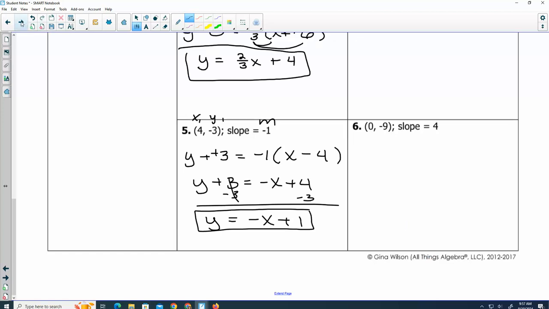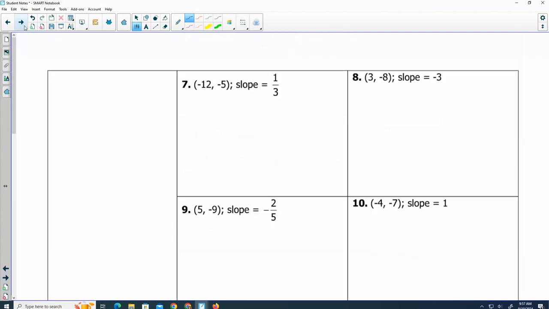I want you guys to try 7 and 9. Grab a calculator if you need it. So remember, all of these we're using the same formula. Y minus y1 equals m times x minus x1.